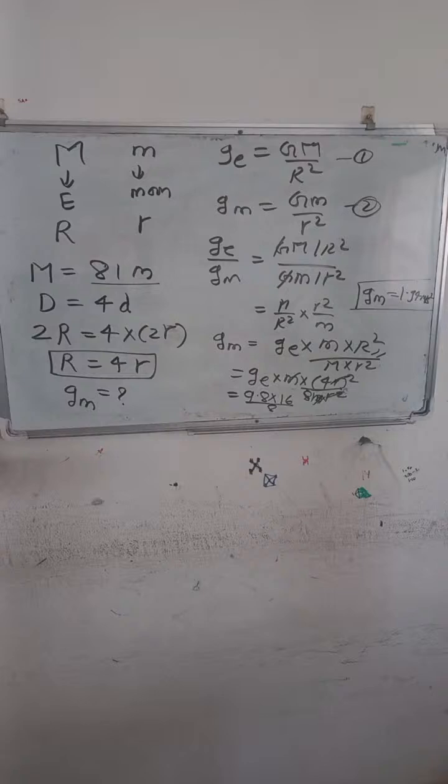Okay, so I will repeat this question again. A missile is launched with a velocity less than the escape velocity. The sum of its kinetic and potential energy is: A positive, B negative, C 0, D may be positive or may be negative.